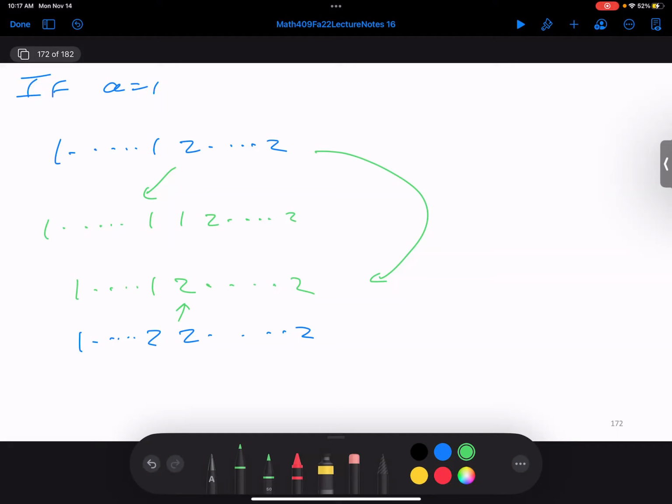At the very end, when we have the number that's just all 1s, how many things can that go to? It can only go to one thing, right? That has to go to 1 fewer 1. Is there anything else that could have gone to that?